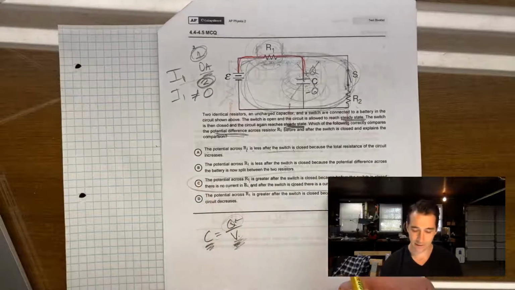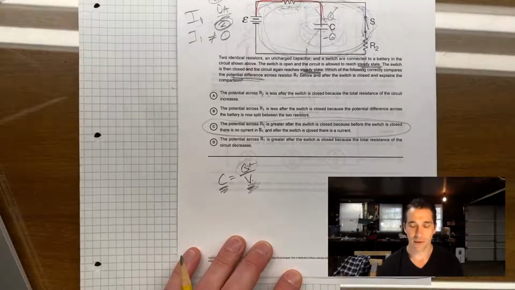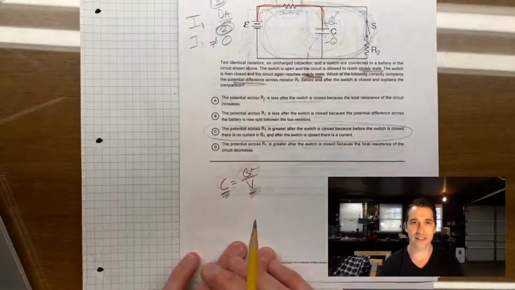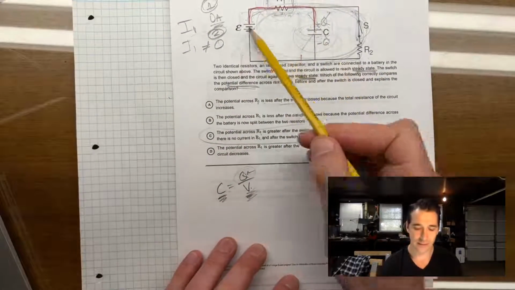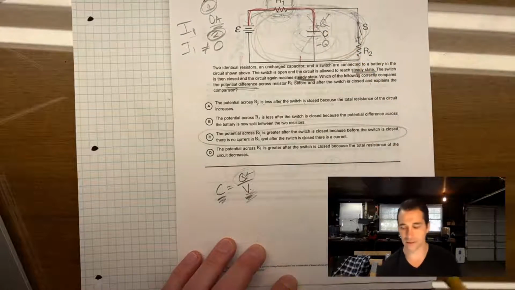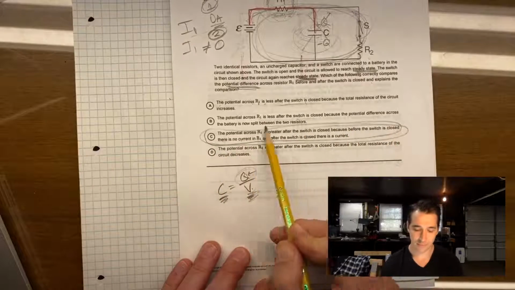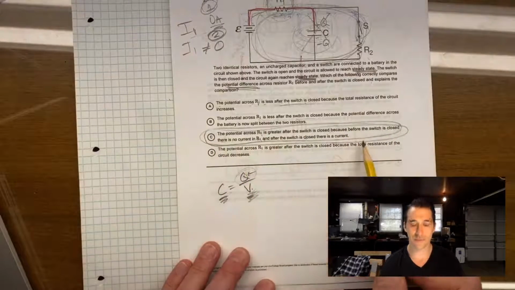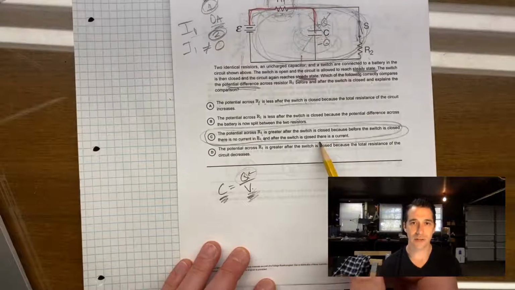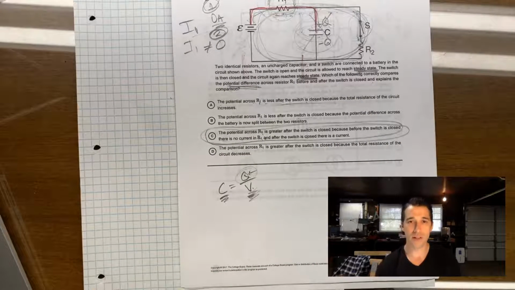So actually, I want to point this out because this is a really good test-taking strategy. If you didn't know the things that I was talking about, realizing that there's no current at certain times and other times, in their explanation you would be able to read this, and if you really understood what it was saying, you might say, oh, I forgot, yeah, there was no current flowing.